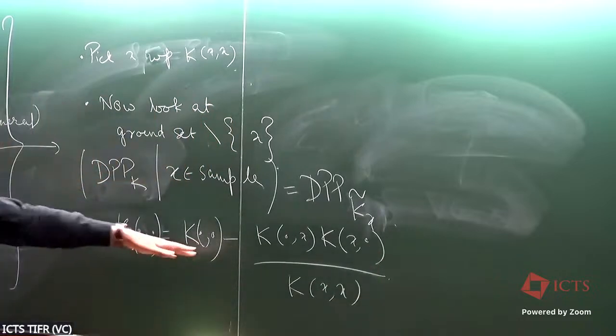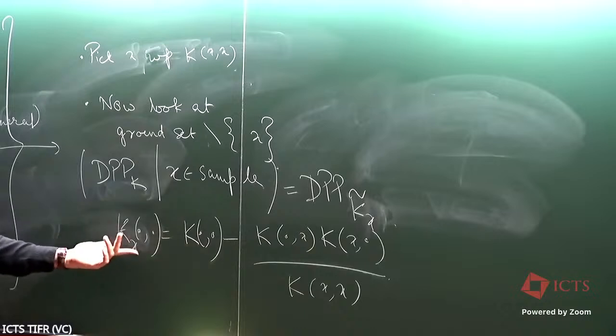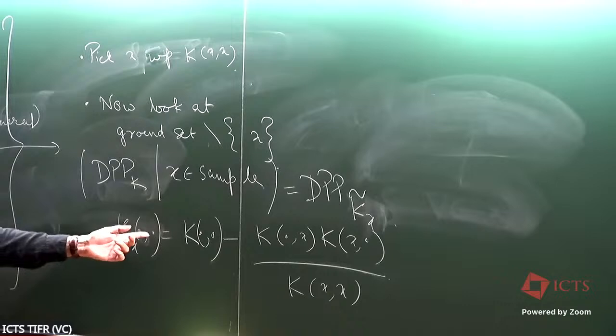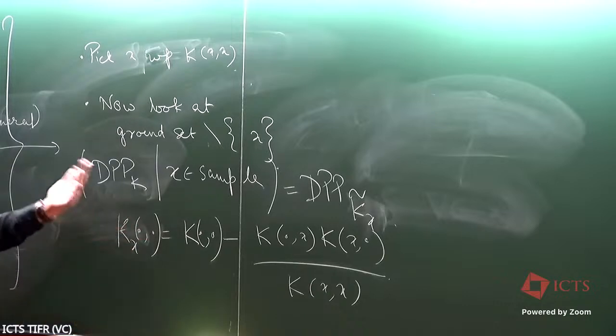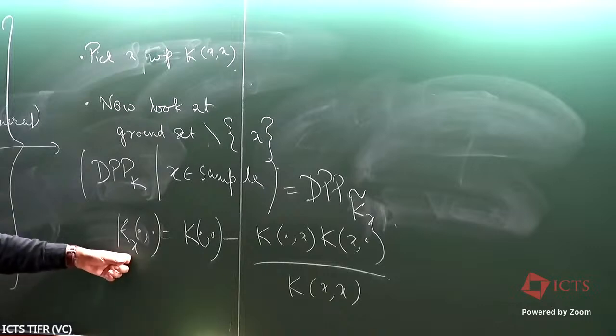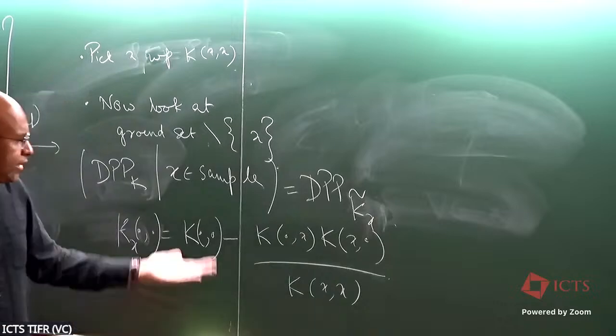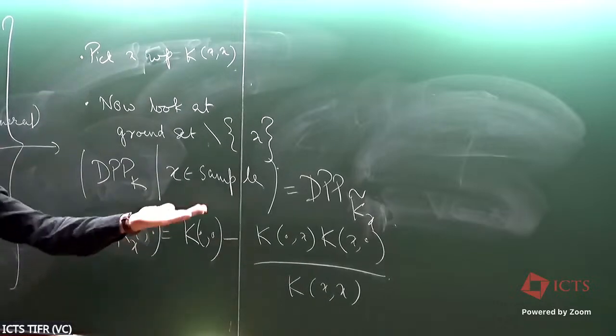So this is exactly the rank 1 update to K, and you pick point Y according to the probability Kx of Y comma Y, and then so on. And then you do this rank 1 update again, now on the kernel Kx with regard to the new point Y, and you go on. And essentially, this is the Schur complement.